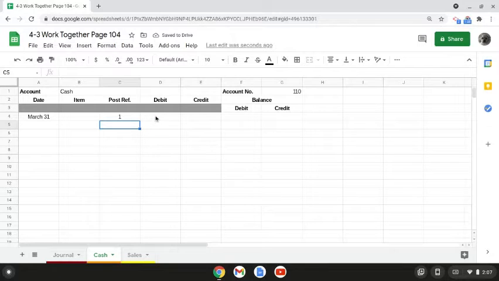Next, we're going to come over to the debit column and put in the amount, which is $5,775. We record this amount in the debit column because cash is an asset and has a normal debit balance. Since there was no previous account balance before this, we can just bring the amount forward to the debit balance column.